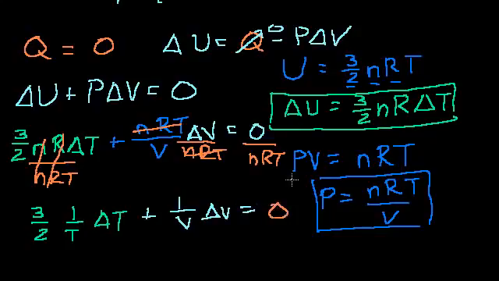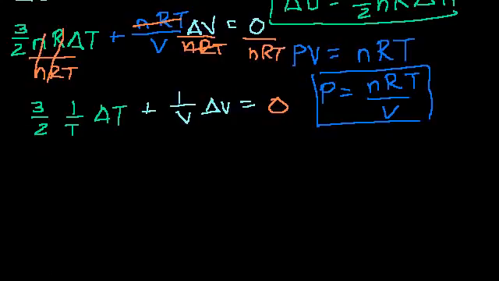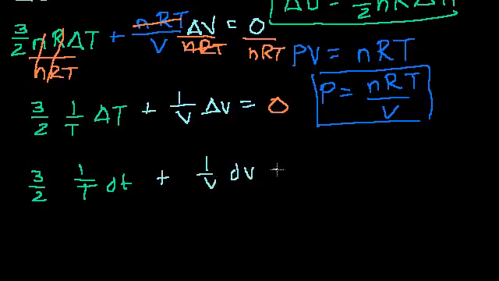Now, we're going to integrate over a bunch of really small delta T's and delta V's. So let me just change those to our calculus terminology. We're going to do an infinite sum over infinitesimally small changes in T and V. So I'll rewrite this as 3 halves 1 over T dT plus 1 over V dV is equal to 0.